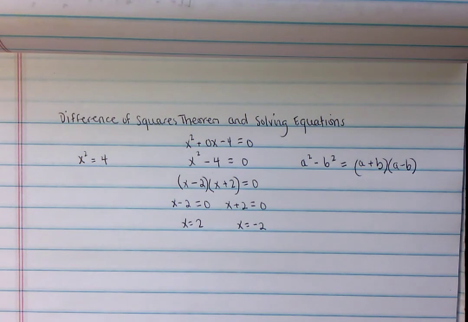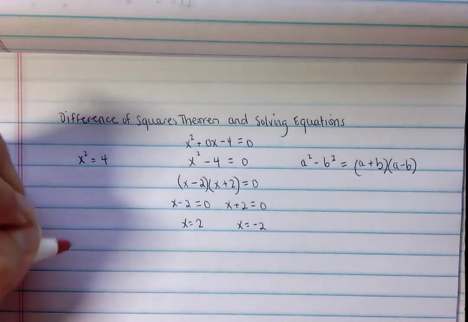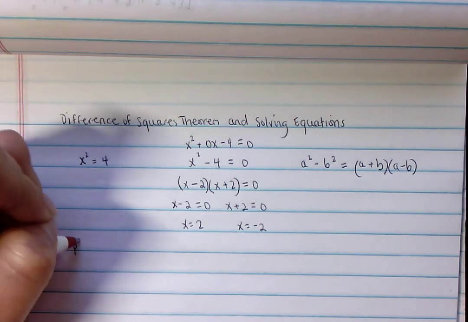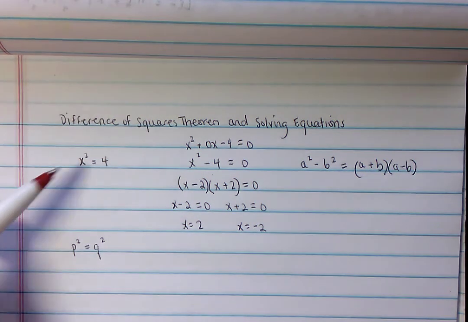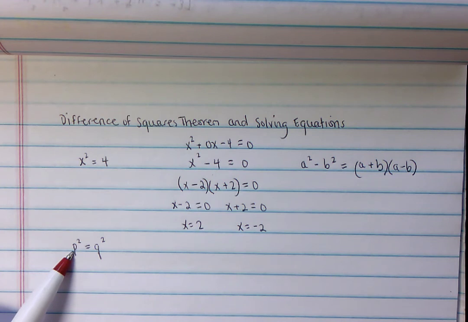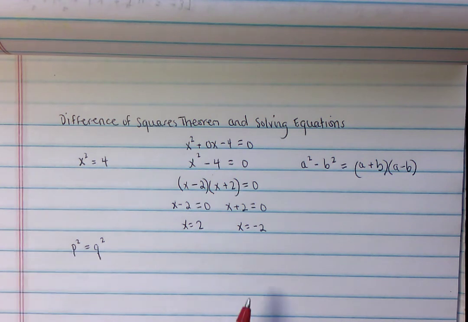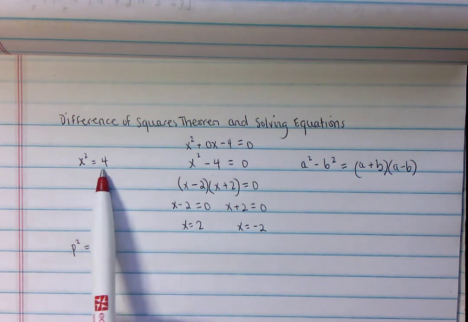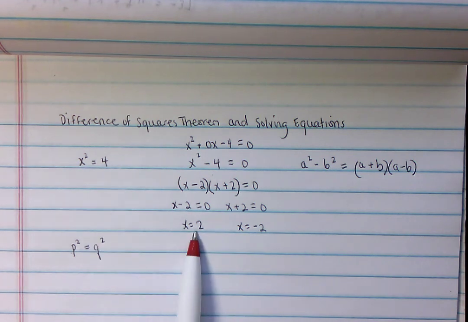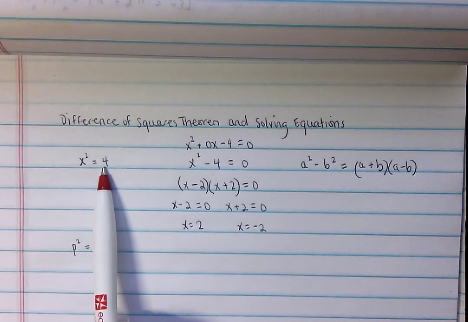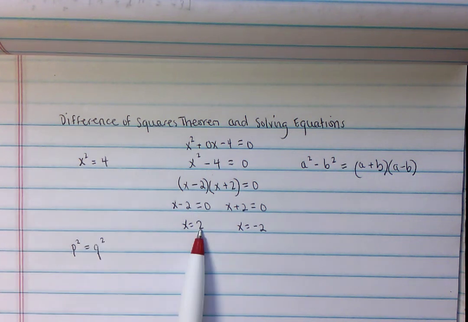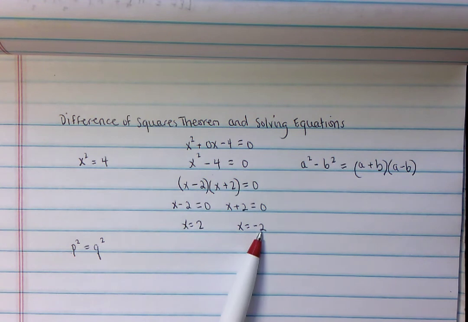It says, in the same way, equations that are in this form, if you were to solve them, notice we get two different solutions when we solved this one. It was x equals the square root of 4, and that would be a positive 2 and a negative 2.